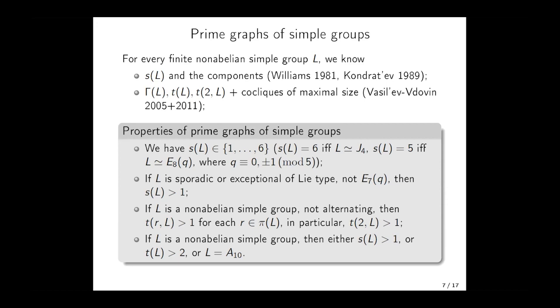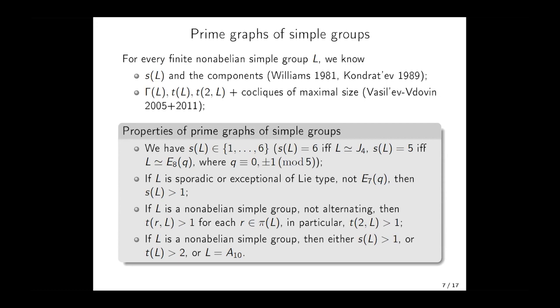But in general, there are from 1 to 4 connected components of simple groups, and in most cases, the graph is connected. For any sporadic or exceptional group of Lie type that is not isomorphic to E7, the graph is disconnected.